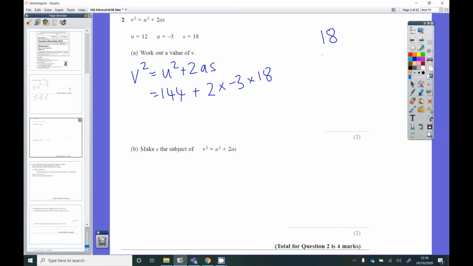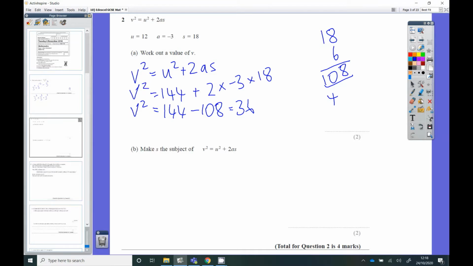Well, let's just quickly work out what 18 times 6 is. 6 eights are 48. 1 6 is 6, and add the 4, that's 108. So 18 times minus 6 is minus 108. So 144 minus 108 gives us 36. Now v squared is 36.